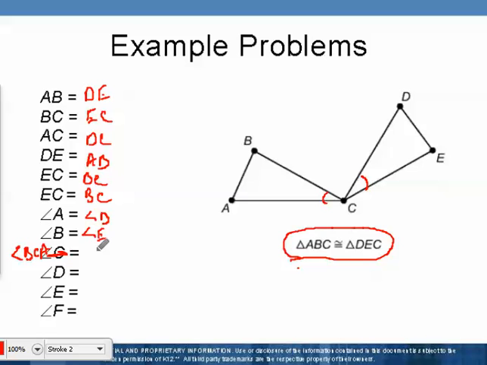And in that case, I would say that it is angle ECD, because you want to go in the same order. Okay? D and A are congruent, and E and B are congruent. Sorry, said that wrong at first. And F, you know what? There is no F. There is no F to be congruent to anything there.